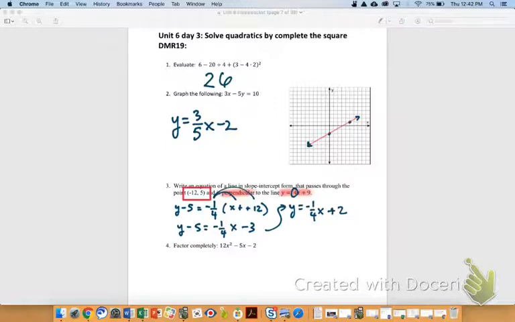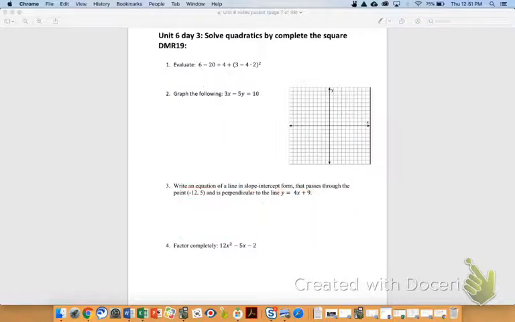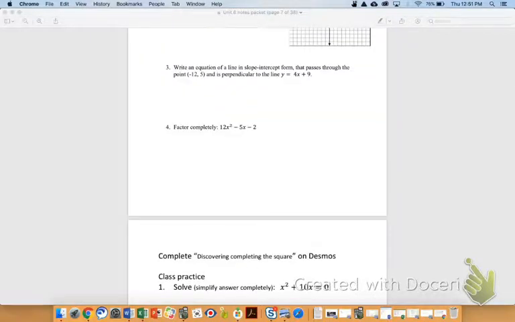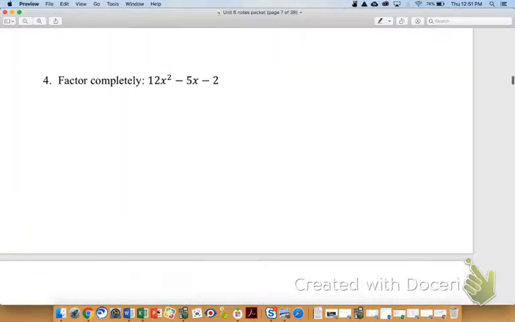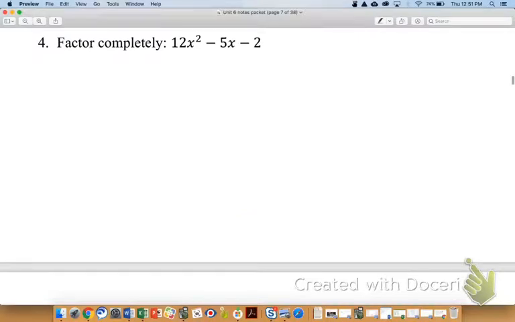So with number 4, it says factor completely. I'm just gonna keep asking this question. When you go to factor something, anything, whatever it happens to be, what should you always consider first when it comes to factoring? That's right. And what's the GCF on this one? It's a 1 technically, right? But we wouldn't even really count that as a GCF.